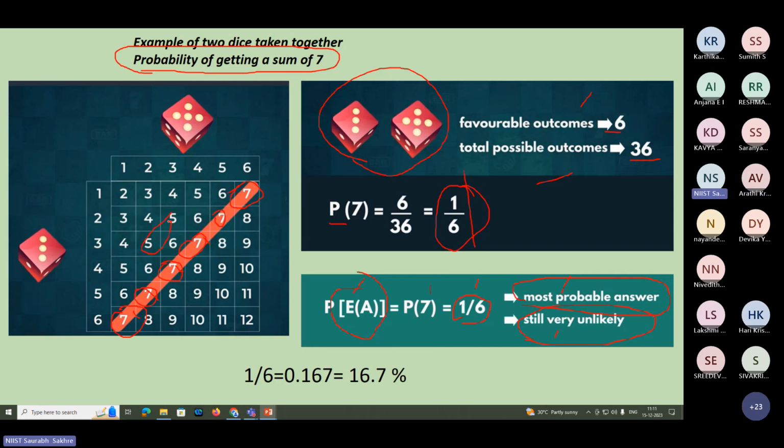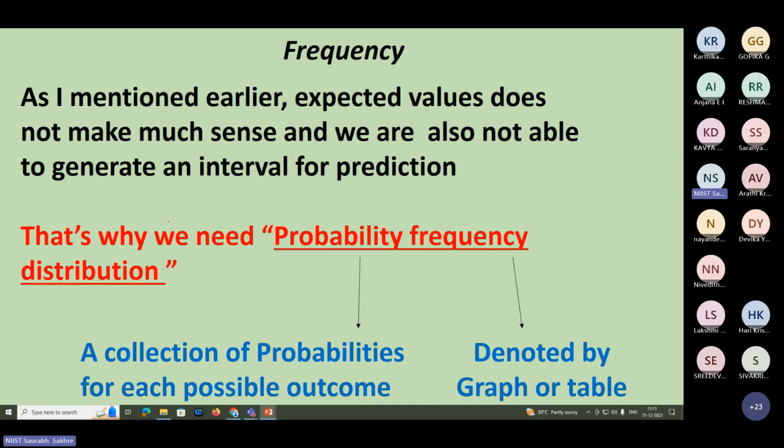Also, when you are reading it again, when subsequently we are moving, it will be clear to you why it is unlikely and why probability is only a most probable answer. So in this case, as I mentioned earlier, expected values do not make much sense, and we are also not able to generate an interval for prediction.